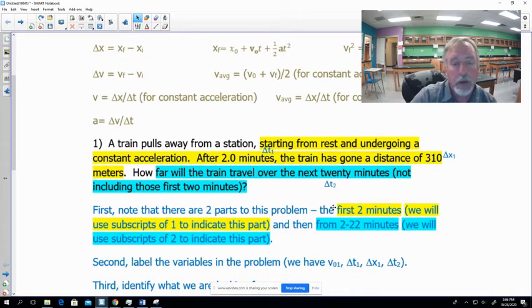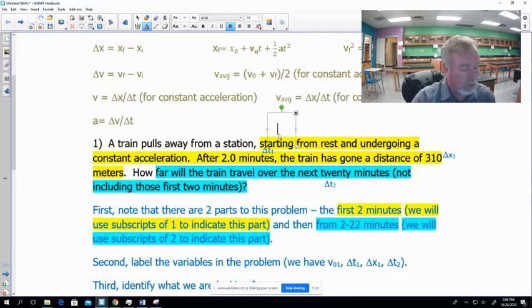Now that we've separated it into the two parts, let's go through and label what we have. I've got them in here: starting from rest. Oh, I lost a v0 here someplace, so let's put a v0 in here, and this is going to be scenario 1. So starting from rest tells us our v01 was 0.